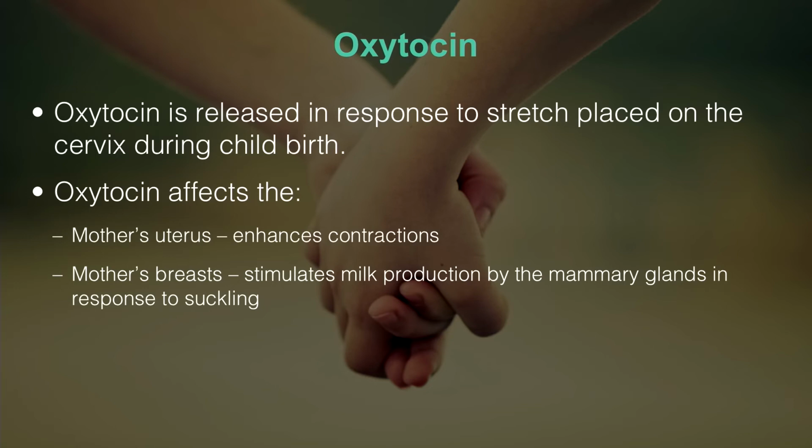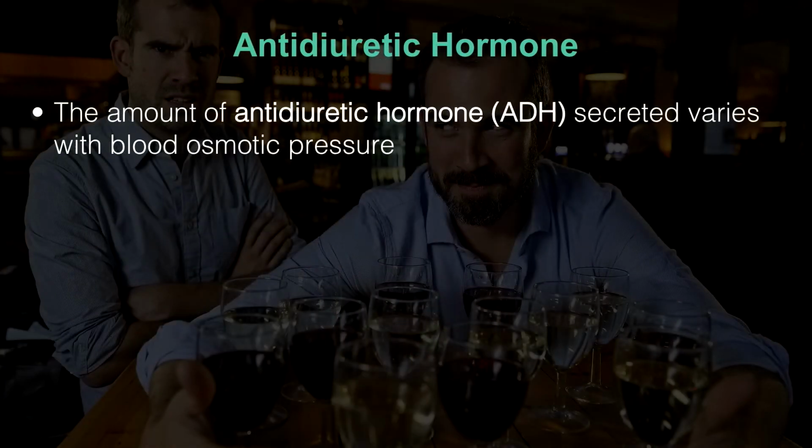You would think that the two hormones released from the posterior pituitary would have similar effects, but couldn't be further from the truth. Antidiuretic hormone literally means hormone that stops you from peeing, hormone that stops urination or stops diuresis.